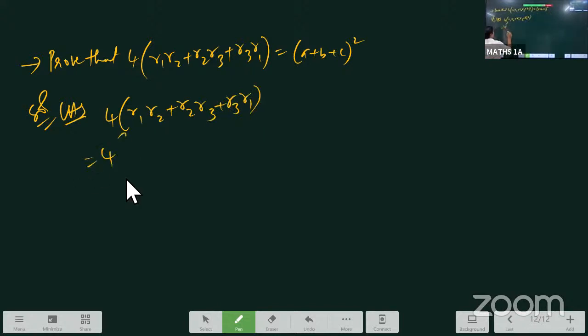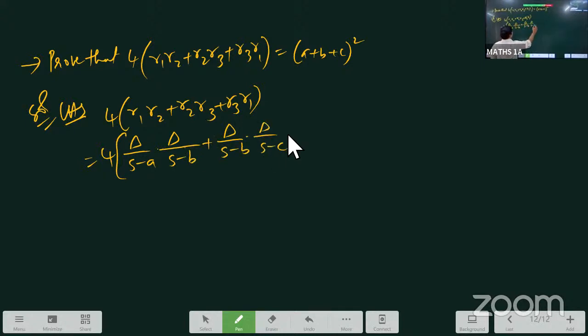That is 4 into, your R1 is nothing but delta by S minus A, delta by S minus B, plus delta by S minus B into delta by S minus C plus delta by S minus C into delta by S minus A.